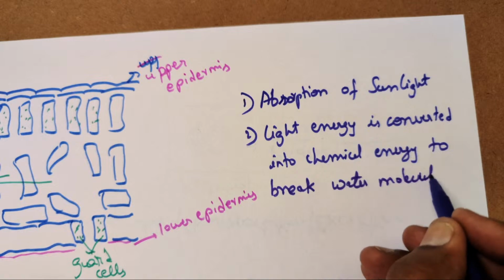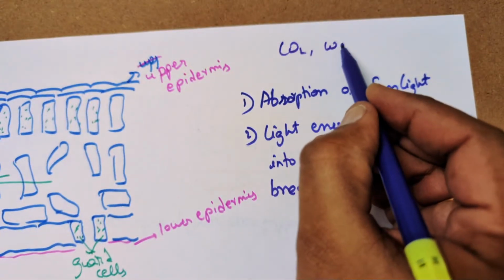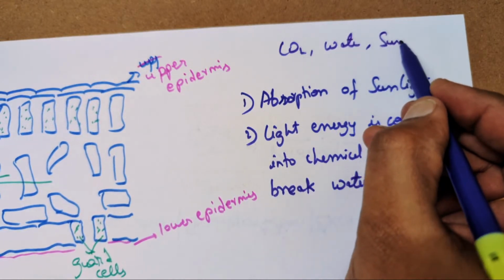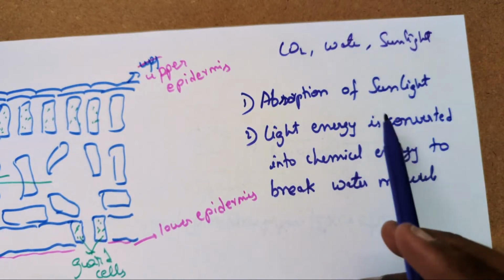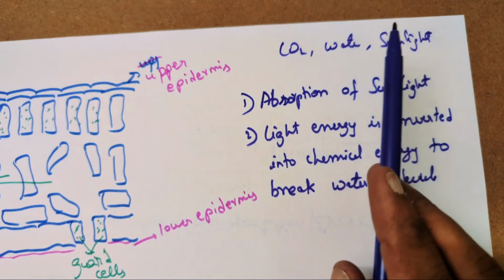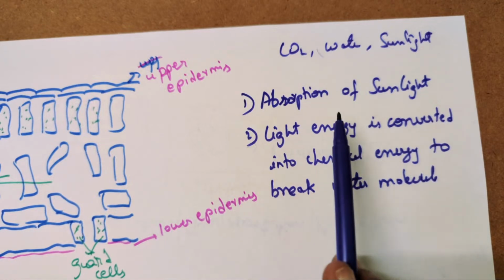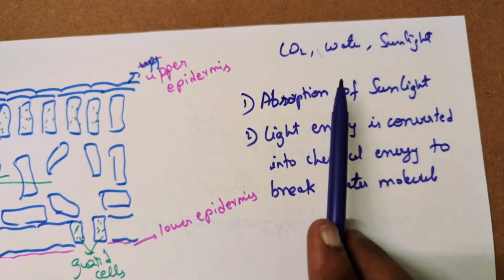As I mentioned, we have three important parts for photosynthesis: CO2, water and sunlight. This light energy is converted to chemical energy and helps break down the water absorbed through the roots of the plant, such that the water molecule can be separated into hydrogen and oxygen.